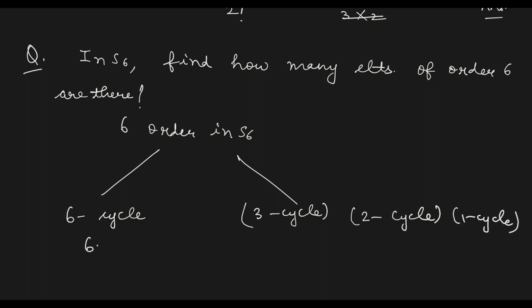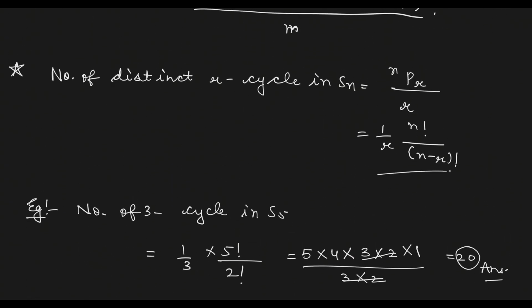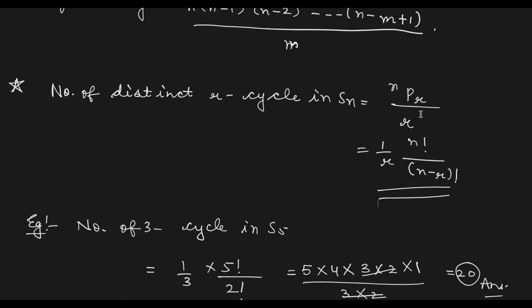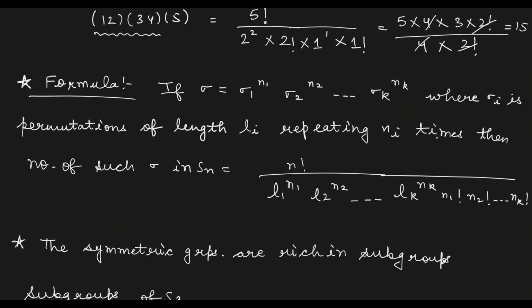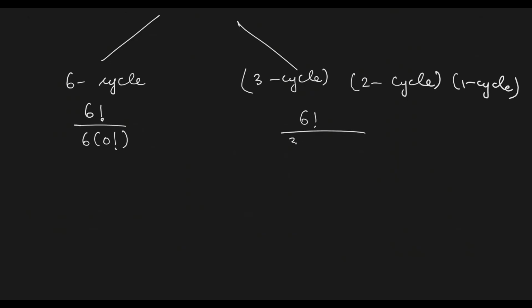So this will be 6 factorial upon 6 into 0 factorial. Here I have used the formula for the number of distinct r cycles in Sn. And here I am using the formula which I have taught you. So 6 factorial upon 3 to the power 1 into 2 to the power 1 into 1 to the power 1. So this will be 120 plus 120 only. So total 240.